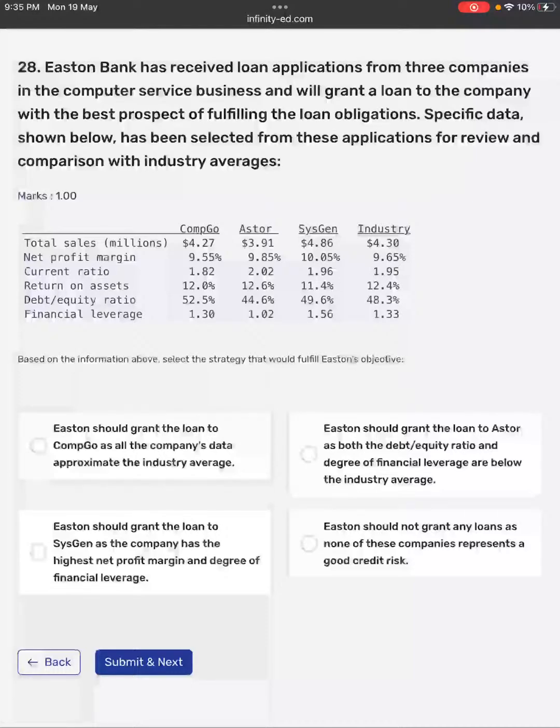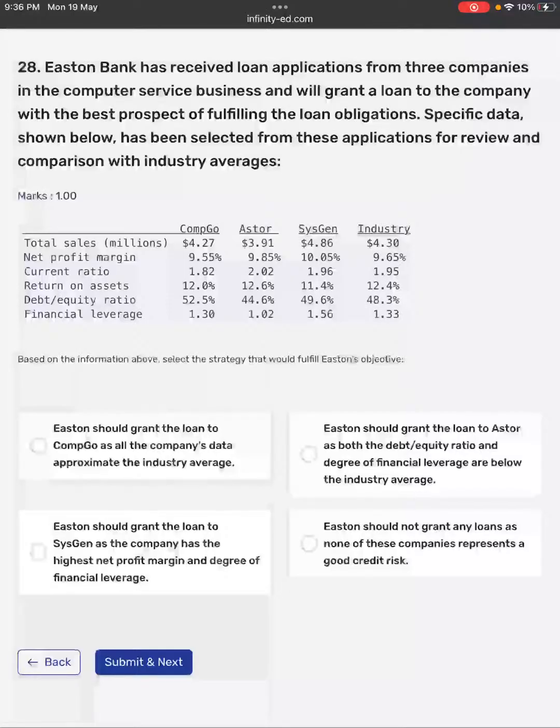Debt to equity ratio is quite higher, and financial leverage is also quite average. It's not much. Stone should grant loan to Astor as both debt to equity ratio and degree of financial leverage are also possible, and debt to equity ratio is correct, and degree of financial leverage is also lower.